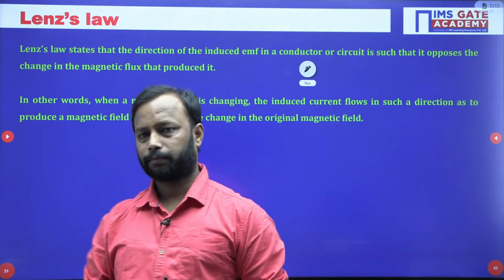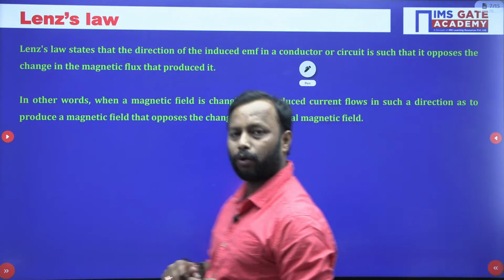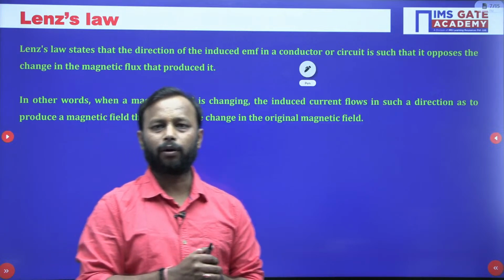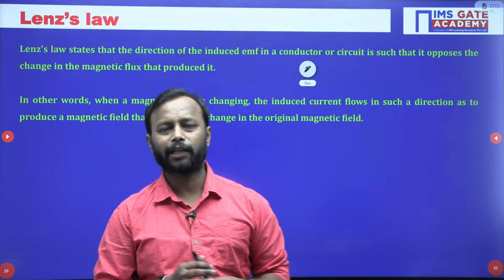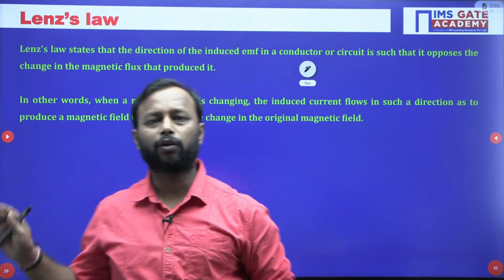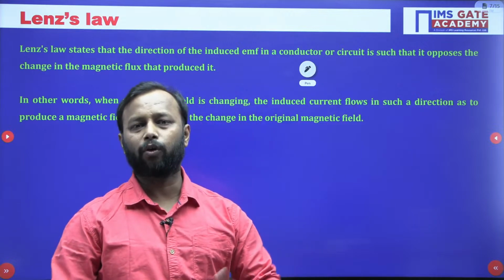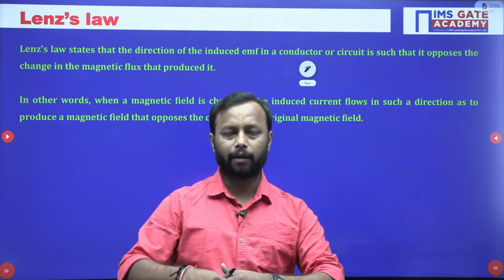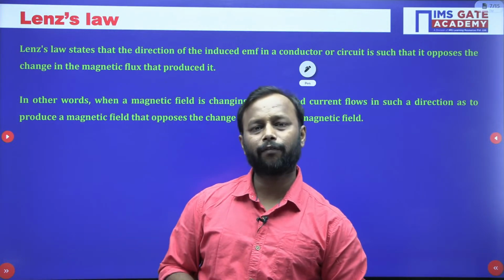Okay, so come to Lenz's law, as I discussed a minute before. Clear, sir? Okay. As I told you, Faraday's law has a limitation, and what is that? It only tells you about the magnitude, but it can't tell you about the polarity. So how can we find its polarity?